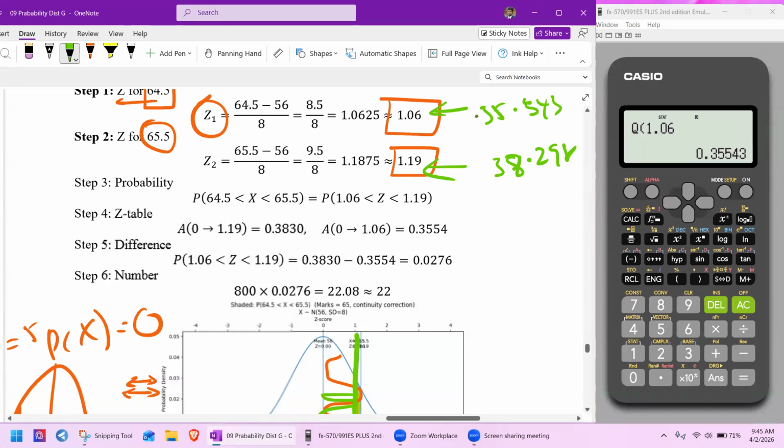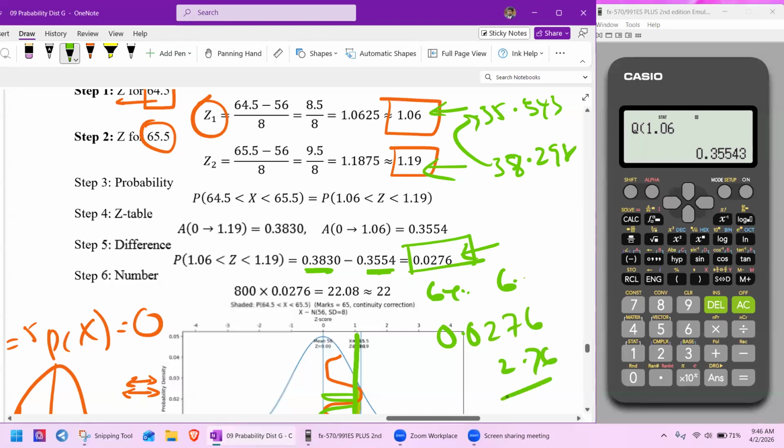If we deduct this one from this value, we take 3830 minus 3554. Then the probability of getting marks exactly, meaning 64.5 to 65.5, is 0.0276, meaning 2.76. The chance is 2.76 percent.